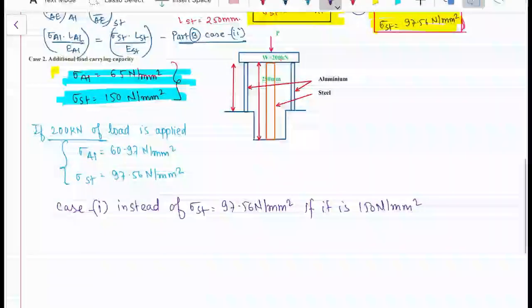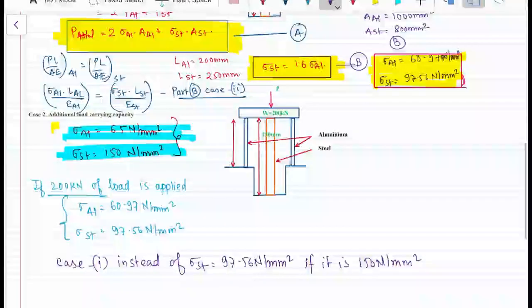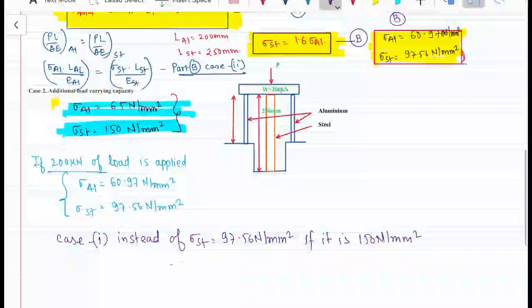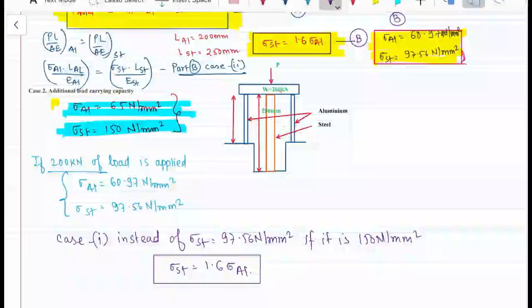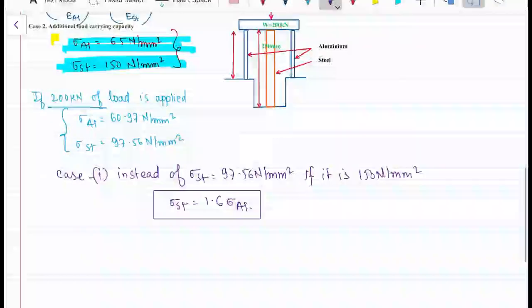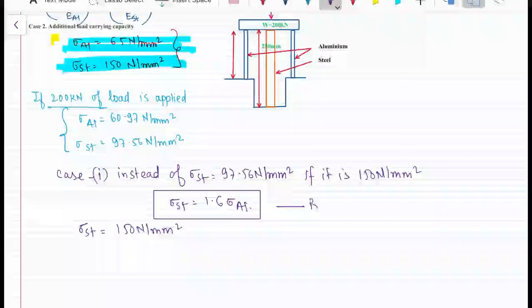See, we know the relationship between sigma aluminum and sigma steel. So the relationship between sigma steel and sigma aluminum is 1.6 times of sigma aluminum. So by using this condition, what we will do? Instead of 97.56 Newton per mm square, if the stress in steel is 150 Newton per mm square, then by using this B equation, what will be the stress in aluminum?